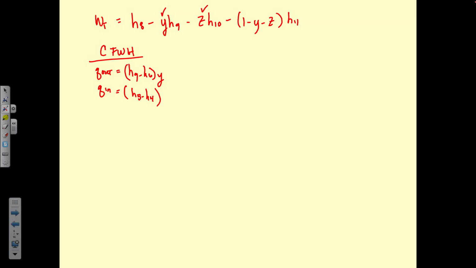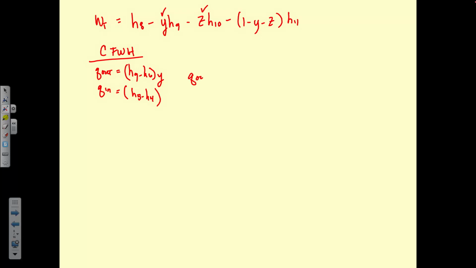So is that H5 or H4? So from 4 to 5, we have all of the flow coming back through. Can you see that? Because in the open feed water heater, we've added the Y and the Z back in. Okay, so we don't need to multiply this H5 minus H4 times anything.